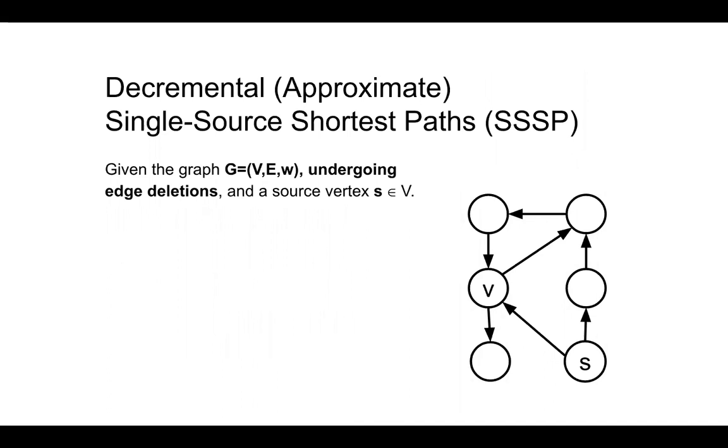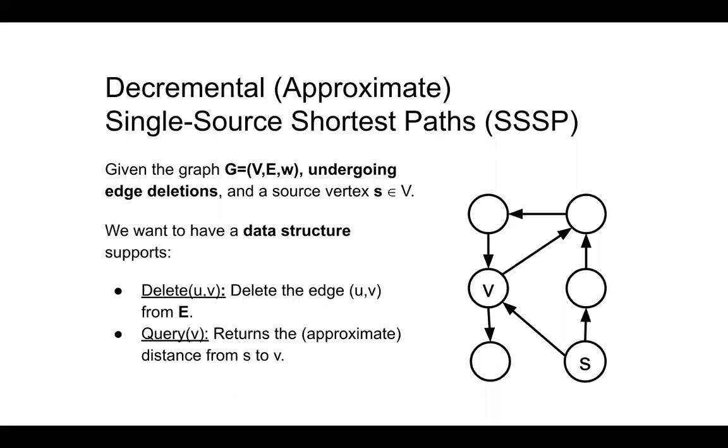Here you fix a source in the beginning, the source vertex S. The data structure problem is similar in the delete operation, but in the query operation, you now only input one vertex, V, and the query returns the distance or approximate distance from S to V. On the right-hand side, if this was a unit-weighted graph, then the distance from S to V would originally be 1, but if you delete the edge that goes directly from S to V, the distance would jump up to 4.